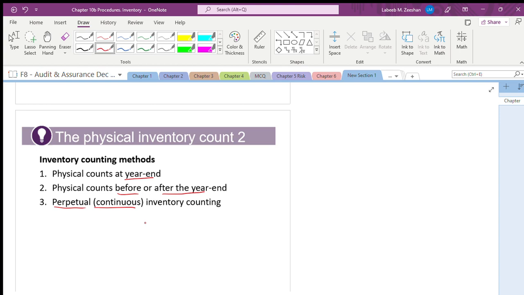If you are doing the inventory count, it will be very challenging for hypermarkets, retail markets, because the retail markets are always in movement. You have the physical count at the year end, before the year starts, after the year ends, and you have continuous or perpetual inventory counting.